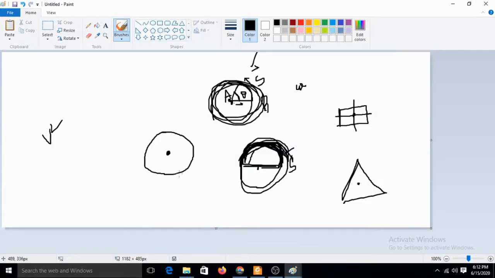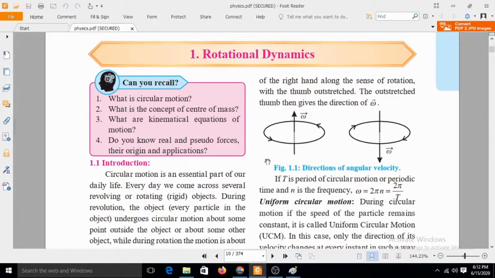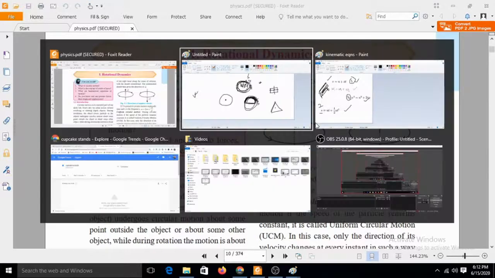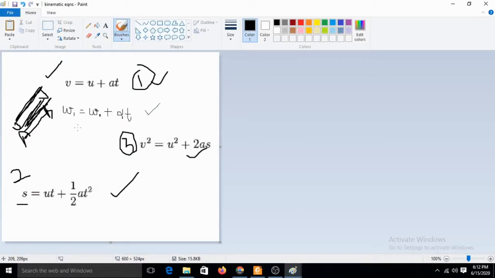Now we are considering all objects to be traveling in circular motion, so we will take three different equations. The final velocity is omega 1 and the initial velocity is omega 0, plus alpha t. Here a is linear acceleration and alpha is angular acceleration, and t is time, which is the same, constant.